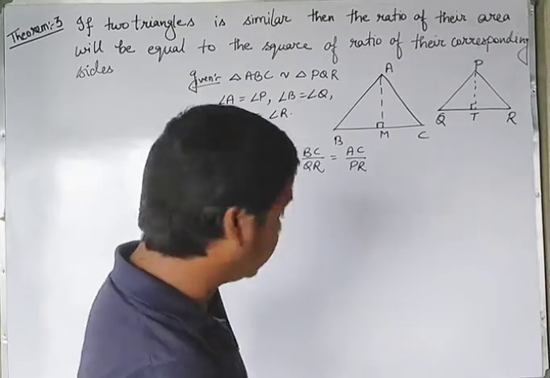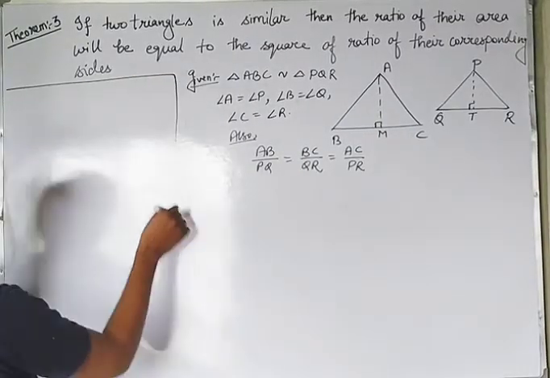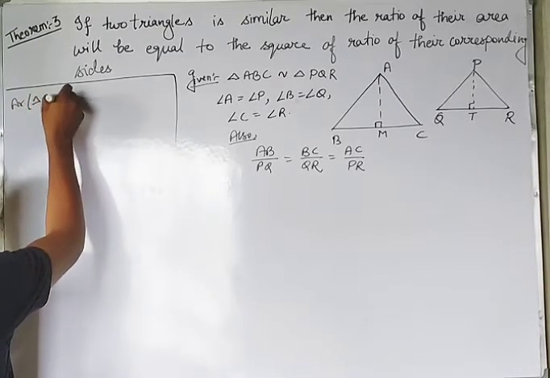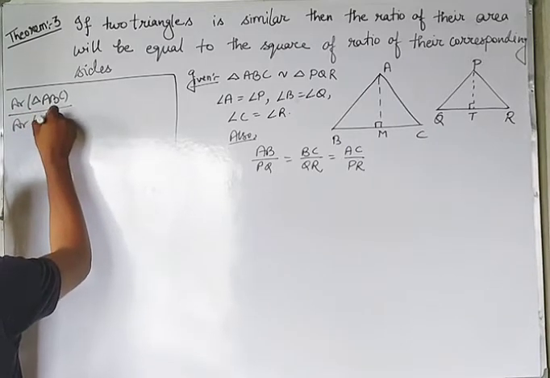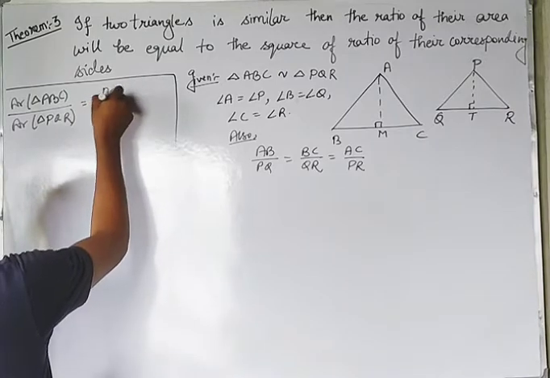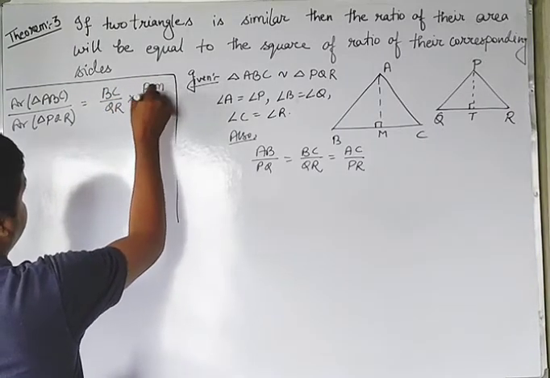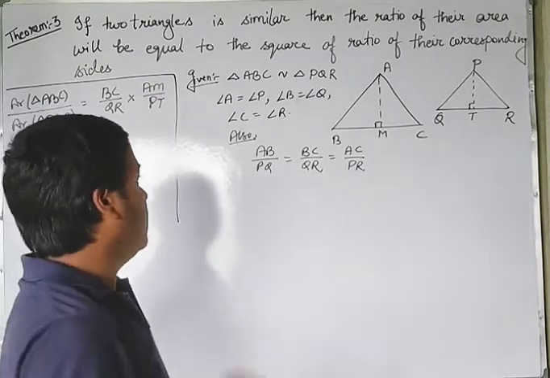The equation we had, I am writing this side: area of triangle ABC divided by area of triangle PQR is equal to BC by QR into AM by PT. It was our equation.